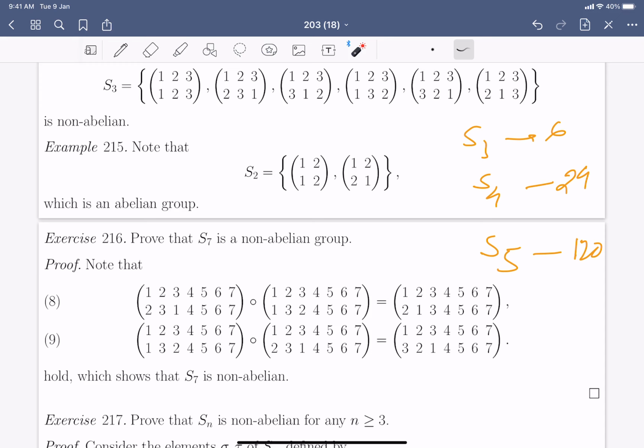So if both bijections send 4 to 4, then when we apply their composition to the element 4, the image will be 4. For the same reason, the elements 5, 6, 7 also go to themselves under the composition. And for 1, 2, 3, you can show that this is indeed equal to whatever we have on the right hand side.